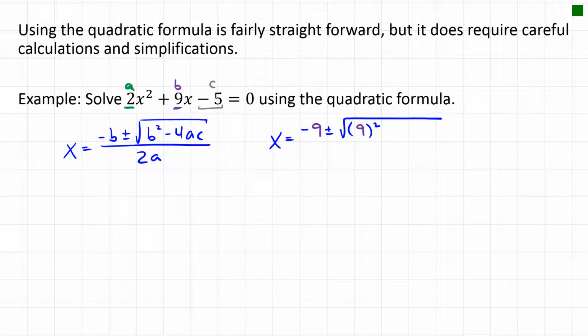Then we have subtract 4 times a times c. So a in green is 2, and c in gray is negative 5. So make sure to get that negative in there. It's very important. And then we're going to divide all of this by 2 times the a value, and a is equal to 2.